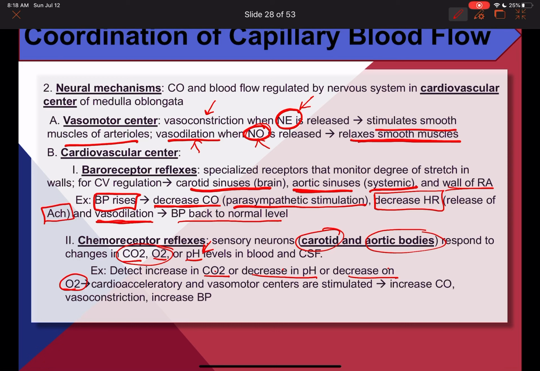So this will tell the cardioacceleratory center and vasomotor center to become stimulated, increasing your cardiac output so you can pump blood faster to dump off CO2 and pick up more oxygen from the lungs to travel to the rest of your body. So vasoconstriction also happens, which will altogether increase your blood pressure back to normal level and hopefully bring these chemical levels back to homeostasis.